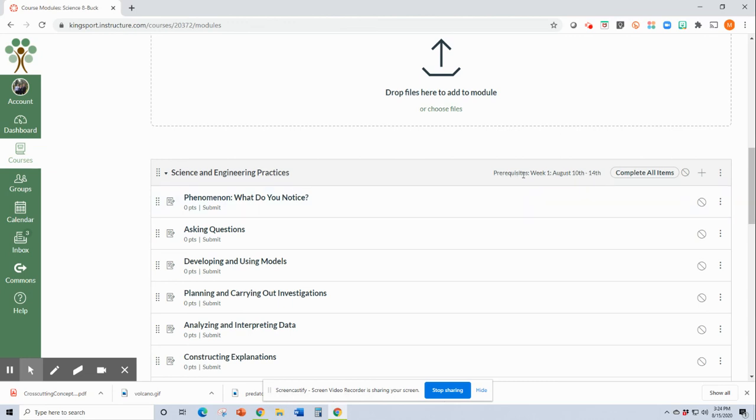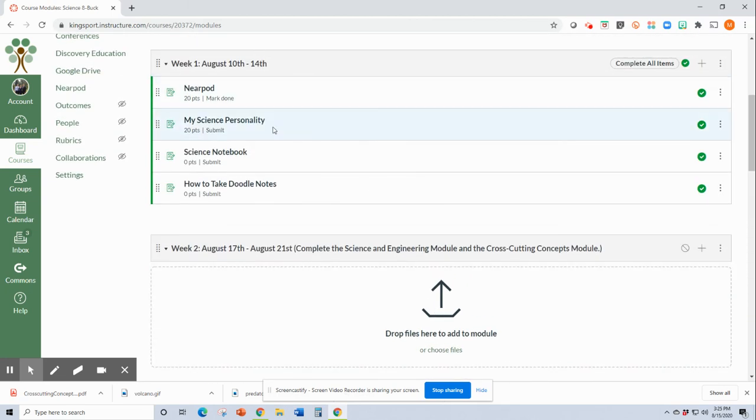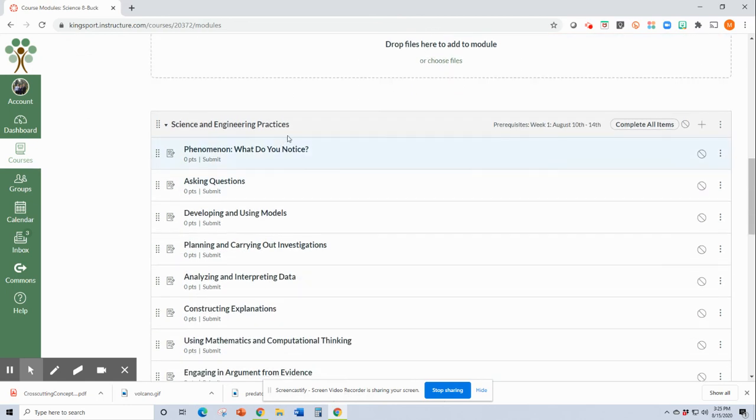And you'll notice in little bitty words, it says prerequisite. That's a fancy word that means you have to do something before you can start working on this. You have to complete this. All right, we want this finished first. And once that is all finished and submitted, then you're ready to start working through here.